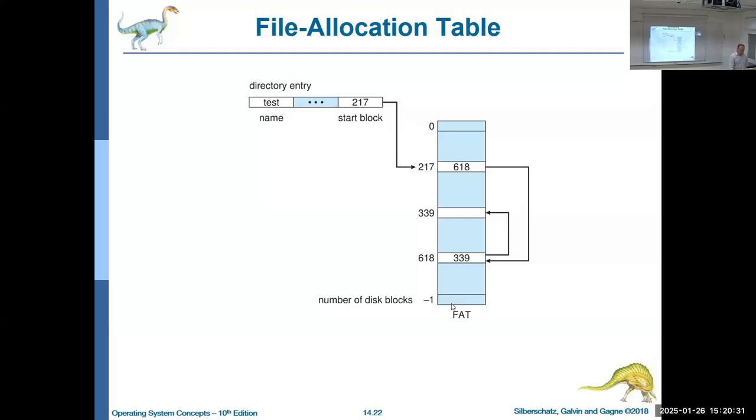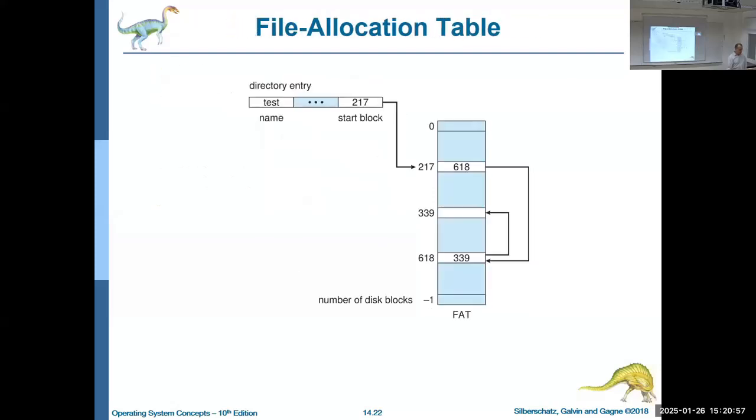If there's 500 blocks, then this is block number 499 because we started at 0. It's just that little space here. The value of this last row is going to be whatever, 1,000 or whatever number of disk blocks -1.